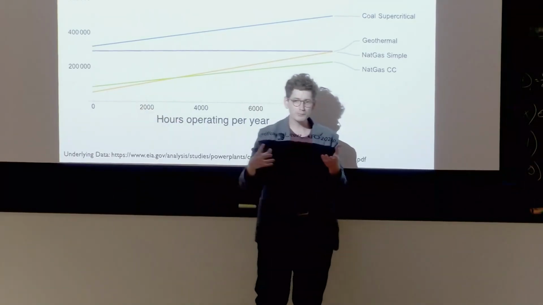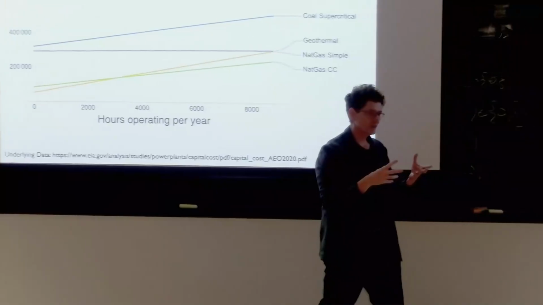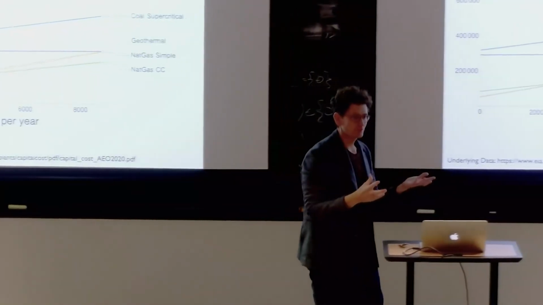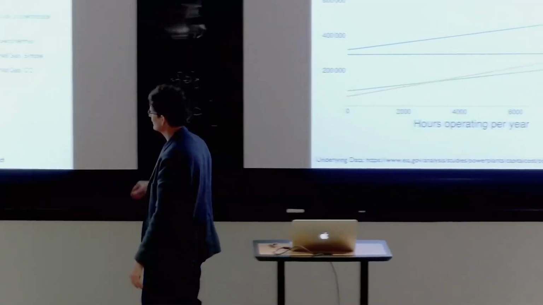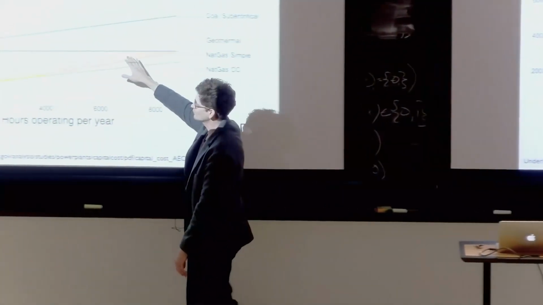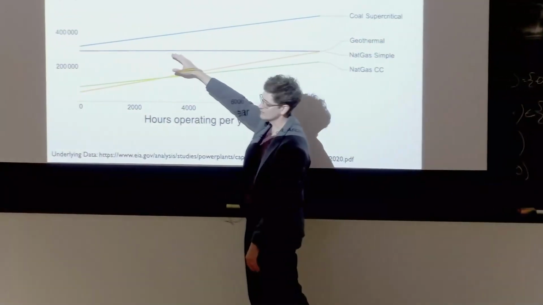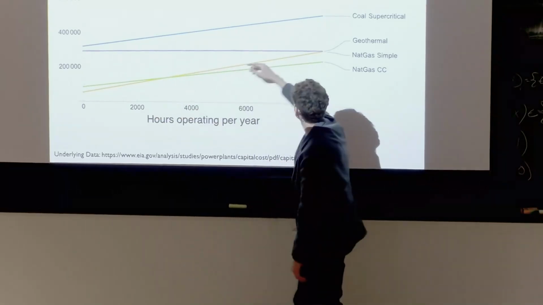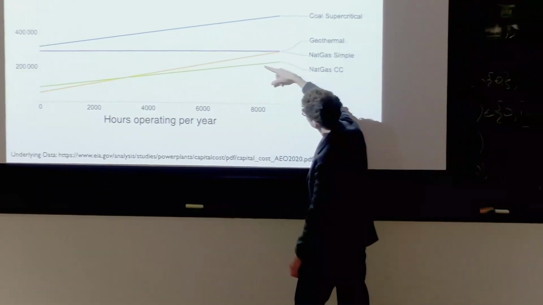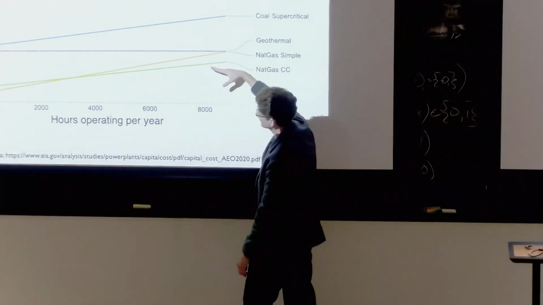So the optimal mix will always be at least a couple of technologies. You can also have a 3-technology system. So imagine that the cost of building a geothermal plant had come down a little bit from R&D. Then if we could bring it down to this level, we would have a 3-technology system.